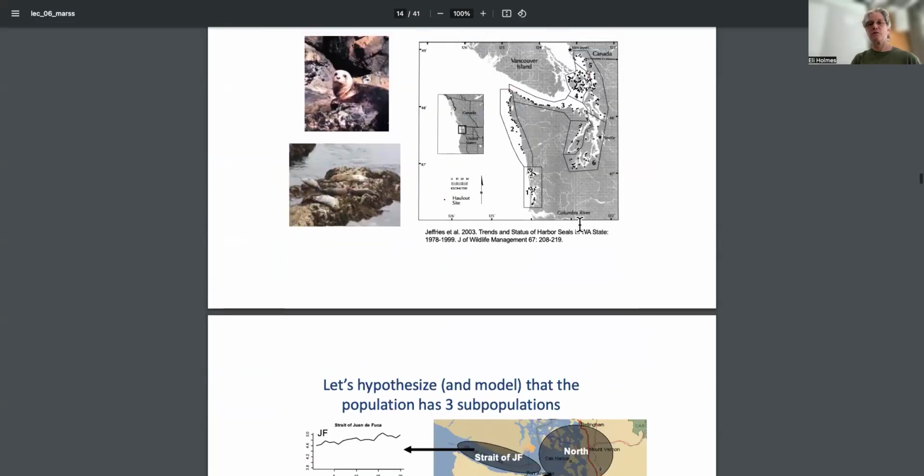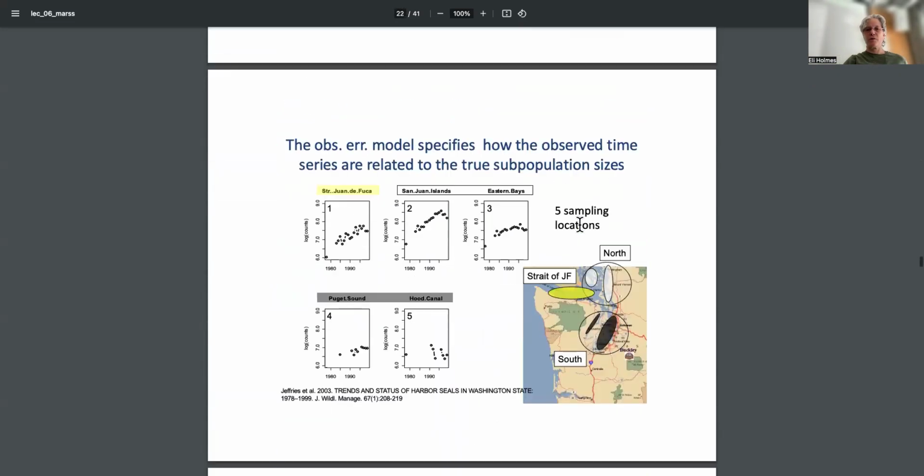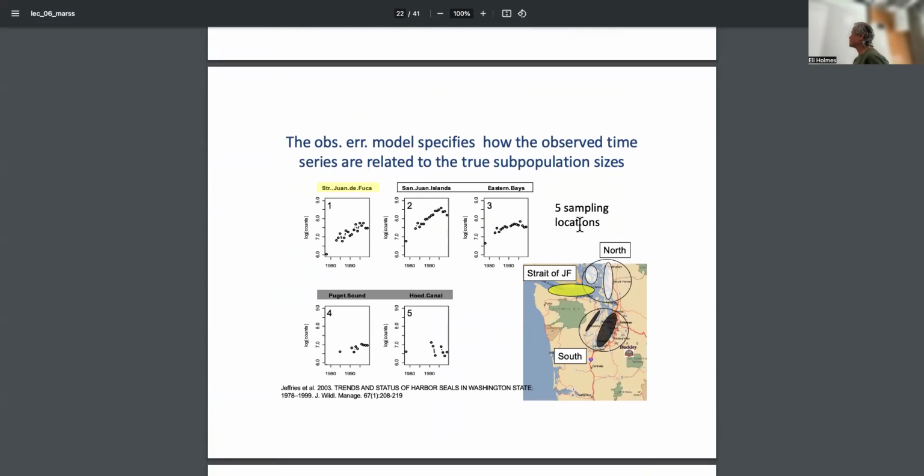So this is what that actual reporting is. We don't have these points here, we have reporting for these regions. So we're going to call 2 south, we're going to call 5 and 4 the north, and 3 Juan de Fuca. So that's where this is coming from.